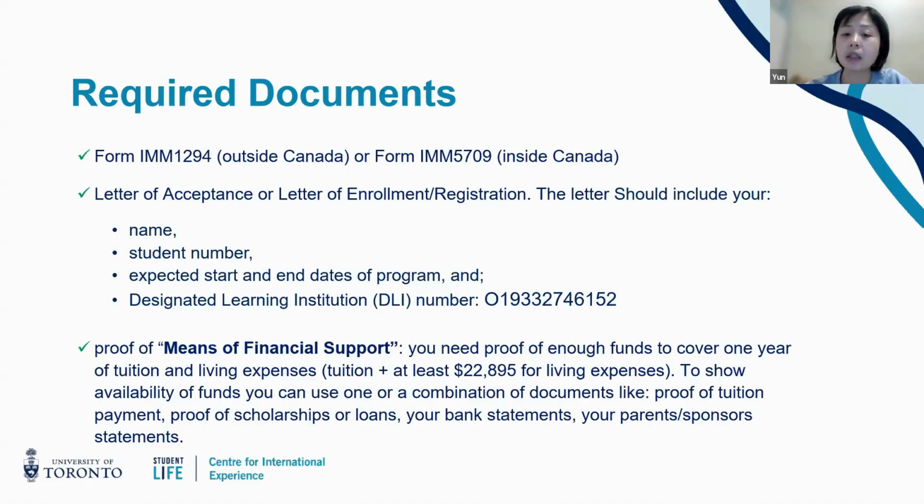The form ID is usually listed on the bottom left of the form, where you will find the form ID and the version. When you are applying from within Canada for an extension, the form you will use is IMM 5709. Again, you can check the form ID at the bottom left of the form.